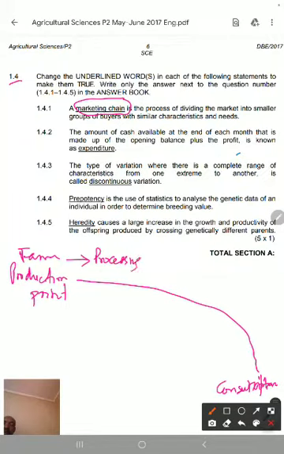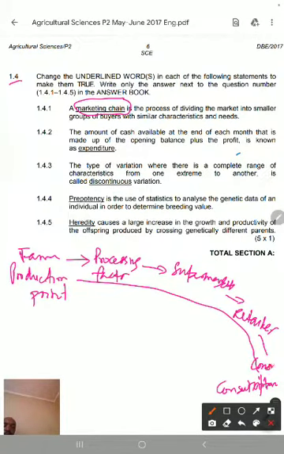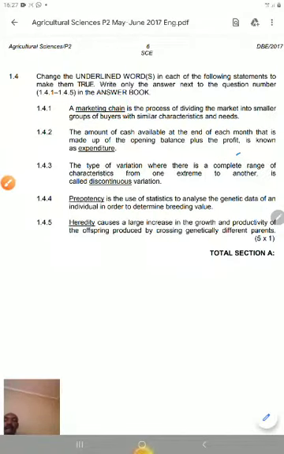Processing is for value adding, and after that they are packaged and sent to big supermarkets, then from the supermarkets to the retailers, then to the consumers, where most people will get these products. So this whole thing we call a marketing chain. But guys, it's not what they are asking us.